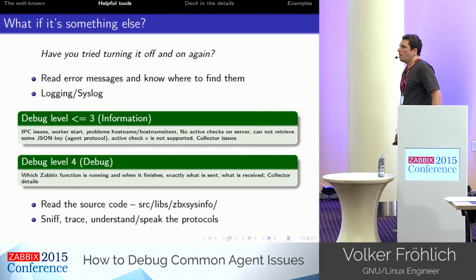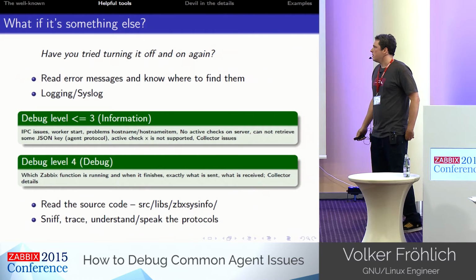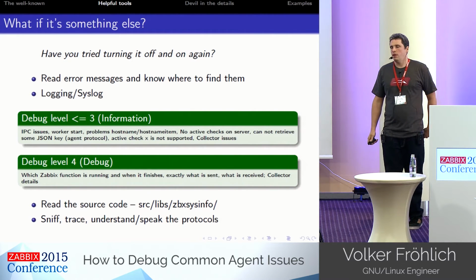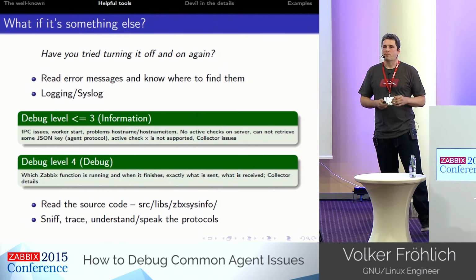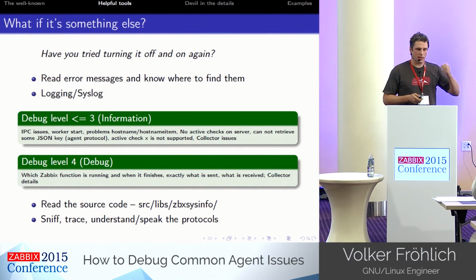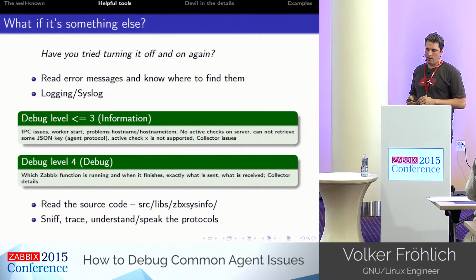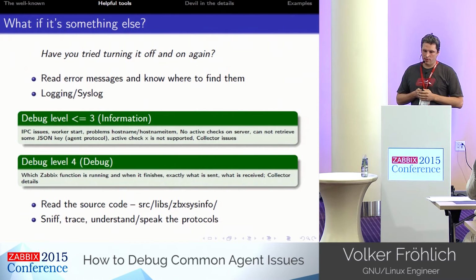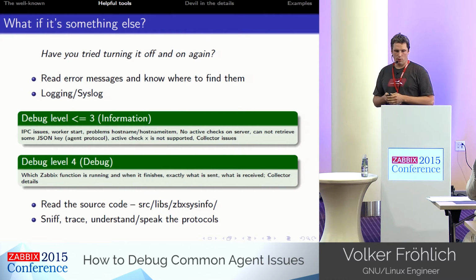The default log level of any Zabbix component is 3, and it actually has a lot of information in there already. It has problems in inter-process communication, problems with host names, not getting any active checks configuration from the server, problems with JSON structures, checks being not supported and all that.